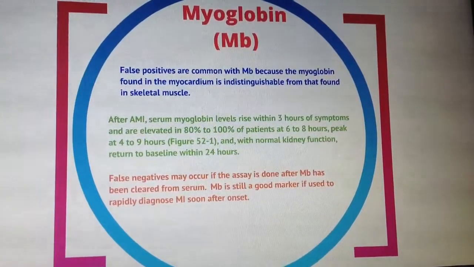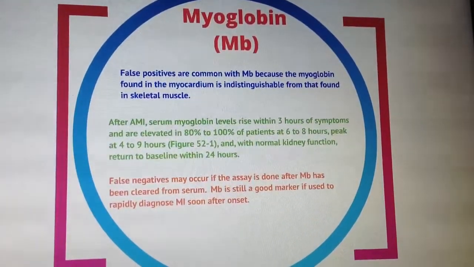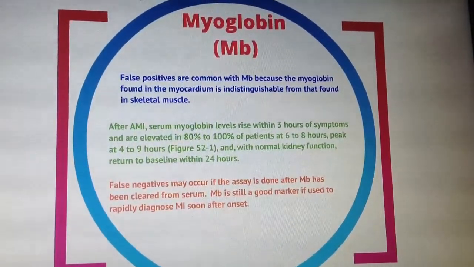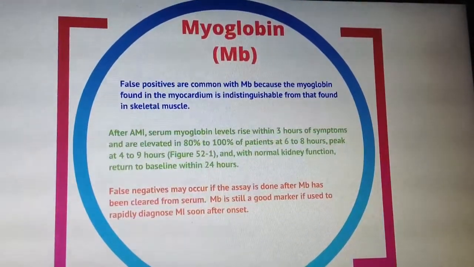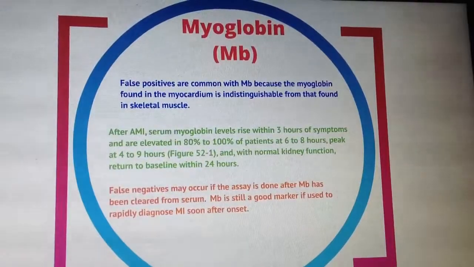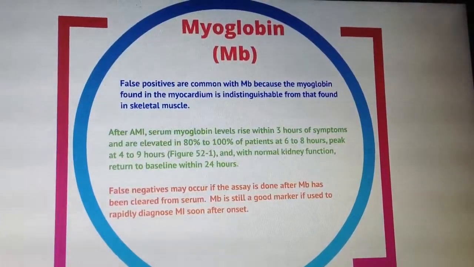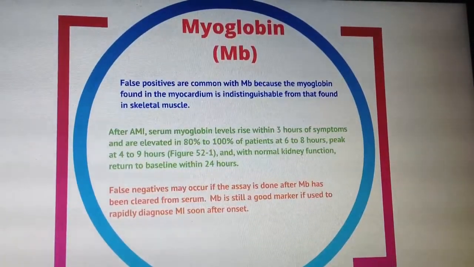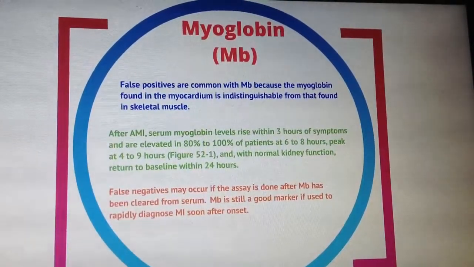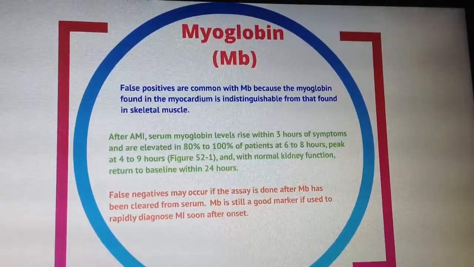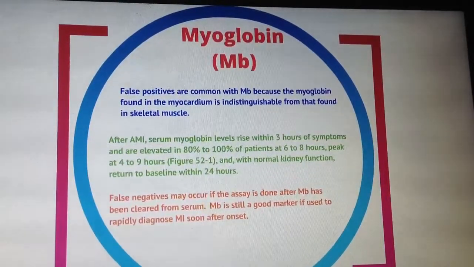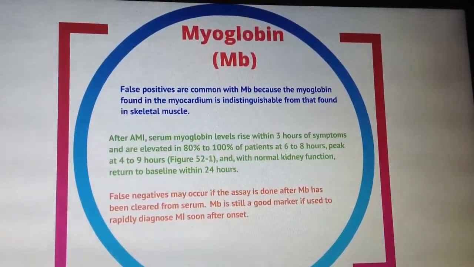After AMI, serum myoglobin levels rise within 3 hours of symptoms and are elevated in 80 to 100% of patients at 6 to 8 hours, peak at 4 to 9 hours, and with normal kidney function return to baseline within 24 hours. False negatives may occur if the assay is done after myoglobin has been cleared from serum. Myoglobin is still a good marker if used to rapidly diagnose myocardial infarction soon after onset.